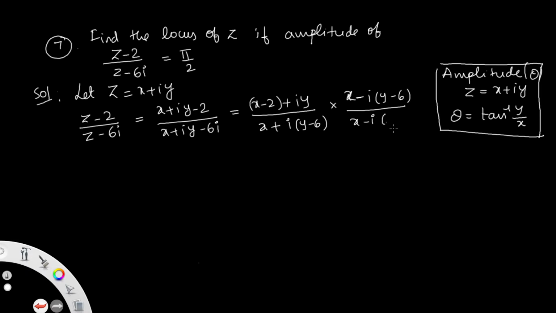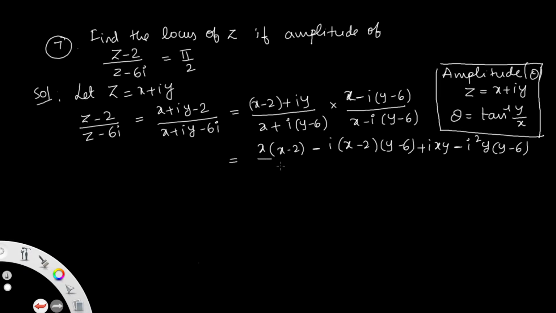Now the multiplication: x into x minus 2, minus i into x minus 2 into y minus 6, plus ixy, minus i square into y minus 6, divided by a plus b into a minus b.